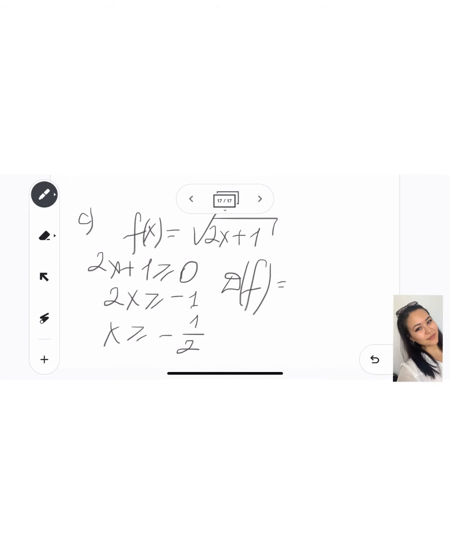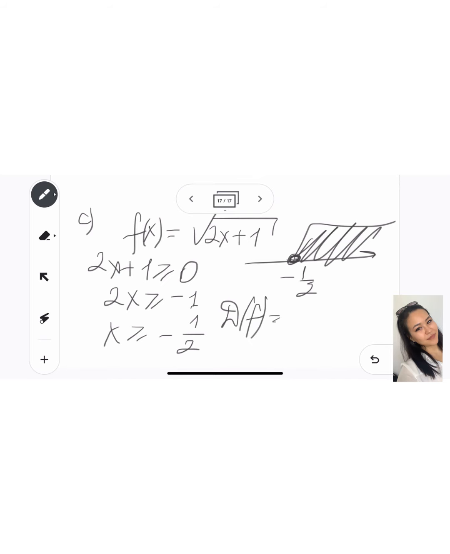X is greater than or equal to negative 1 over 2. To write an answer, I want to show you on a coordinate line. So as you see, negative 1 over 2 is inclusive, and all the numbers that are greater than it. So it's negative 1 over 2 to plus infinity.